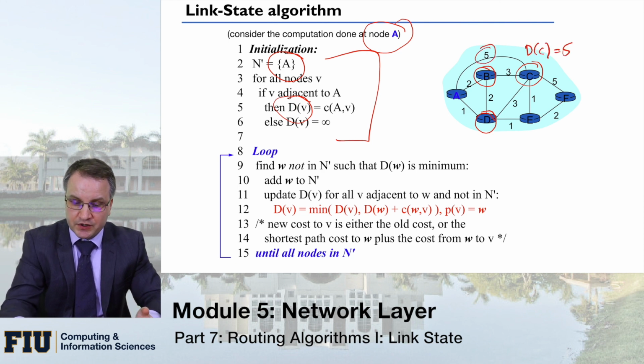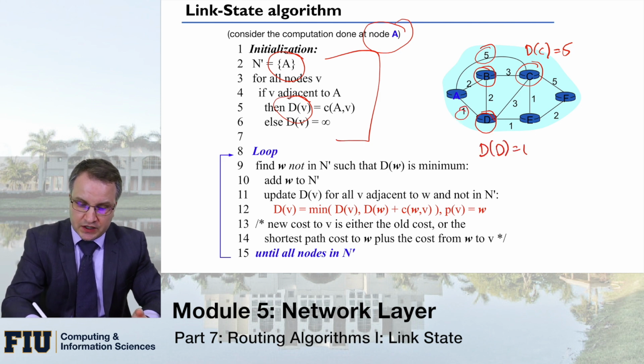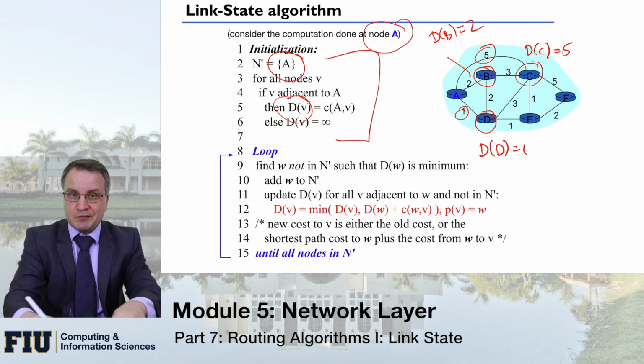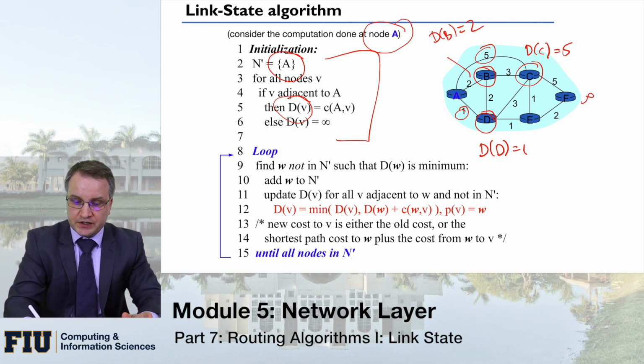For node D it will be 1 based on this link, and for node B, D(B) will be initialized to 2. And the rest will be infinity, and we don't have any more nodes available.